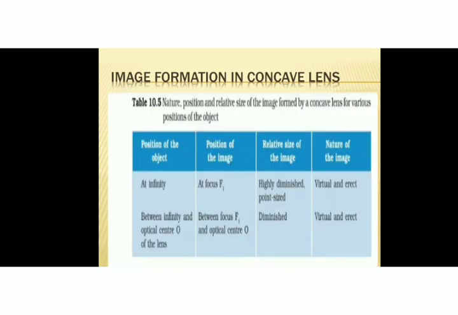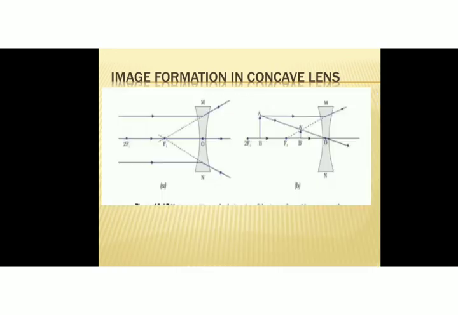All those things can be consolidated here in this table. Two object positions are there. One is object at infinity. In that case, the image is formed at focus and it is highly diminished or point-sized, virtual and erect. And when the object is between infinity and optical center, what does that mean? The object can be anywhere here, anywhere between infinity and optic center.